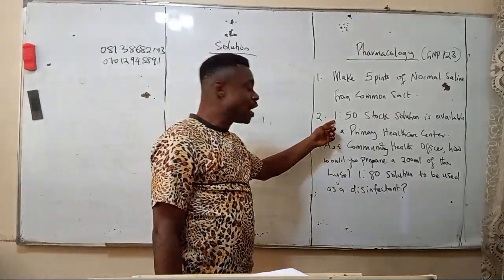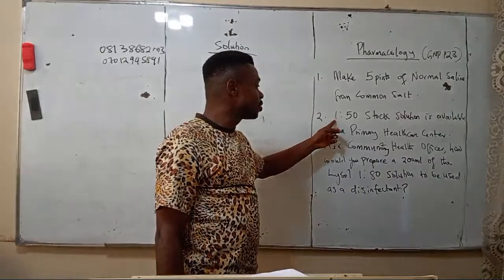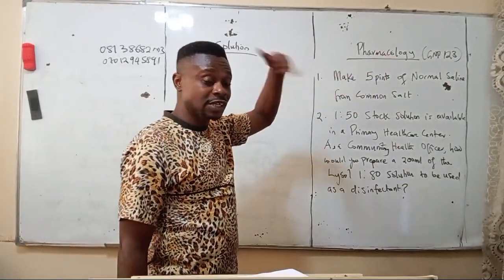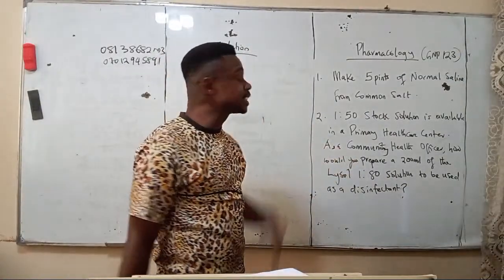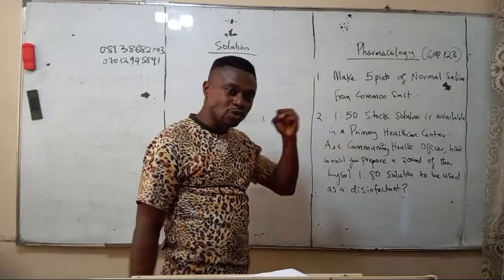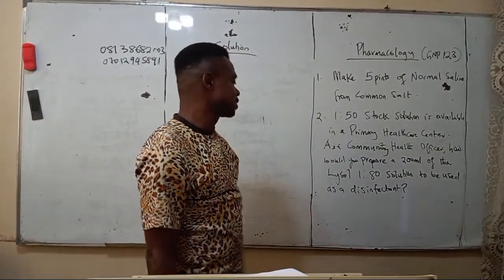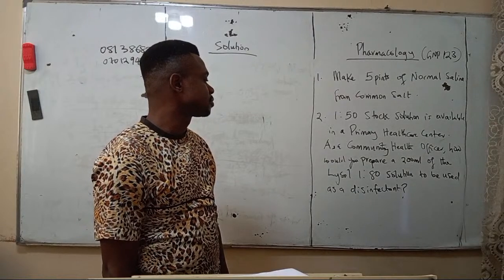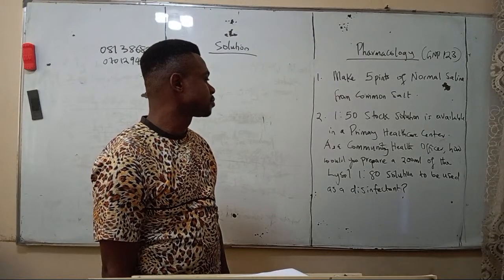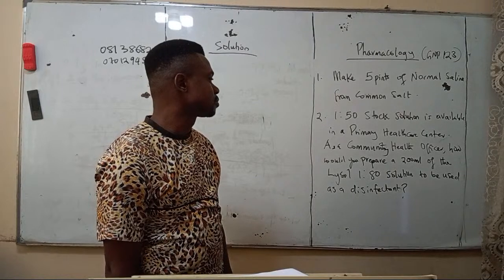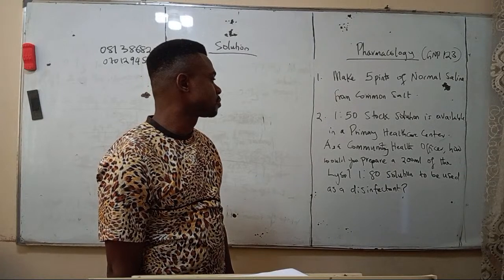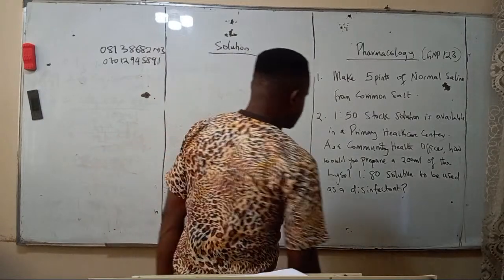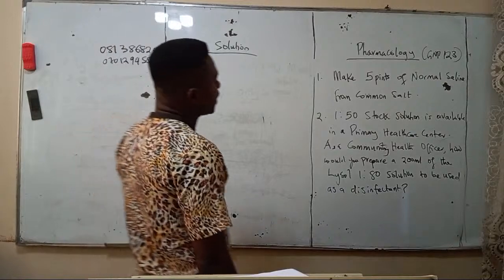That means one part is Lysol, and the other makes it up to 50, which is with what? With the vehicle we want to use, water in this case. So how do we now prepare this?